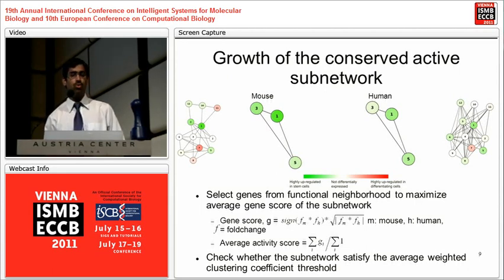At the same time, we want to make sure that these subnetworks are densely connected. So I put a constraint on the clustering coefficient of the subnetwork, and that ensures that the subnetwork we discover is cliquish.